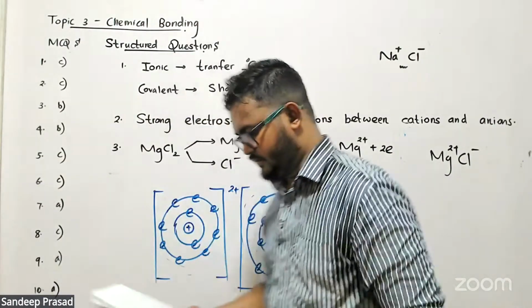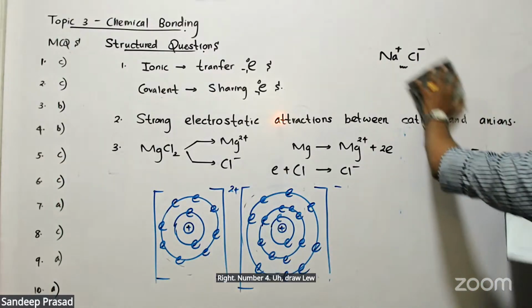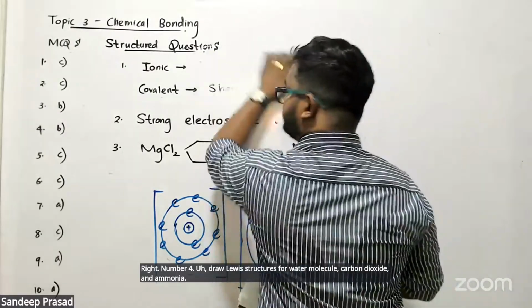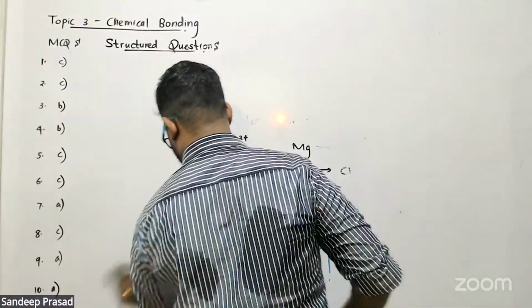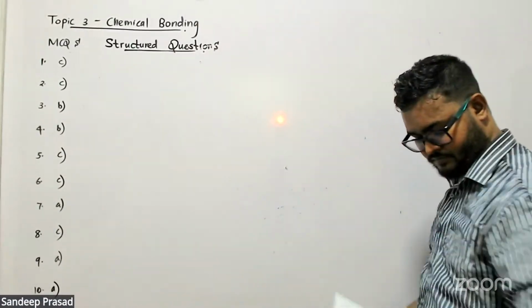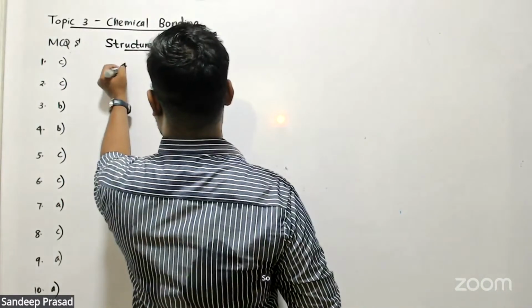Right. Number 4. Draw Lewis structures for water molecule, carbon dioxide, and ammonia. So, question number 4.